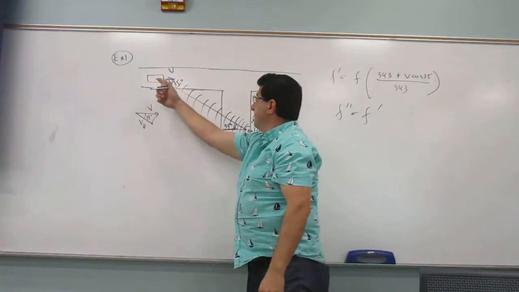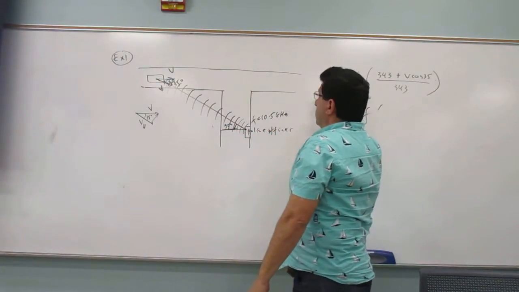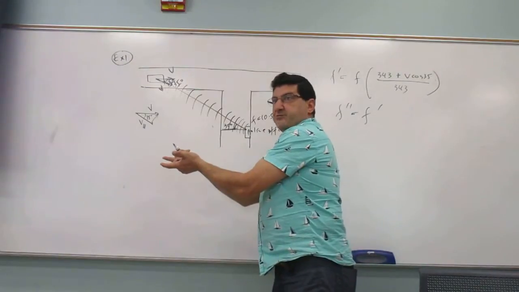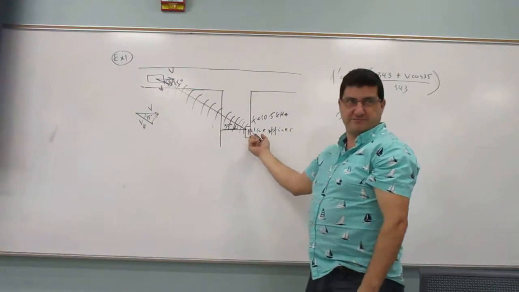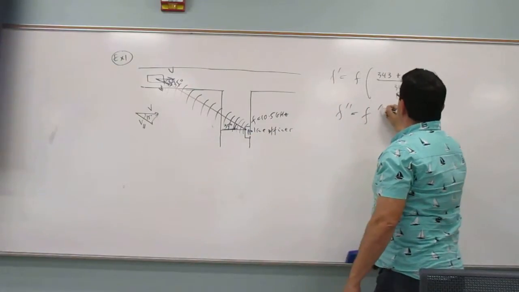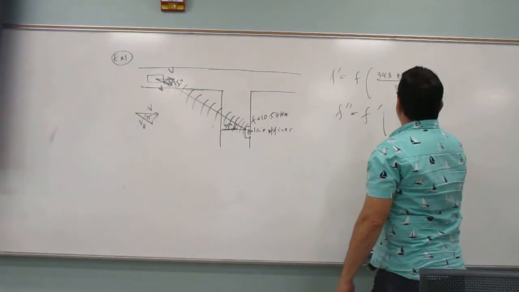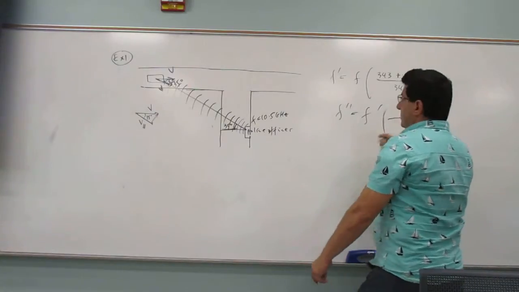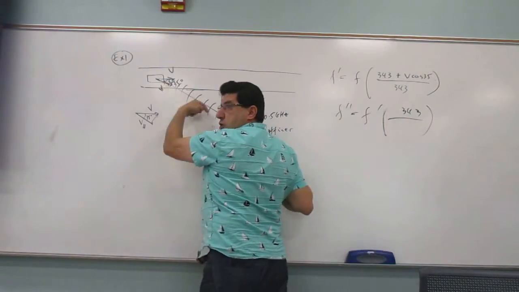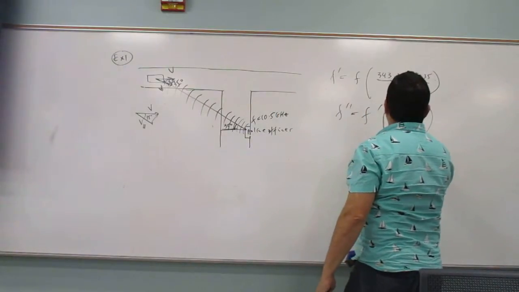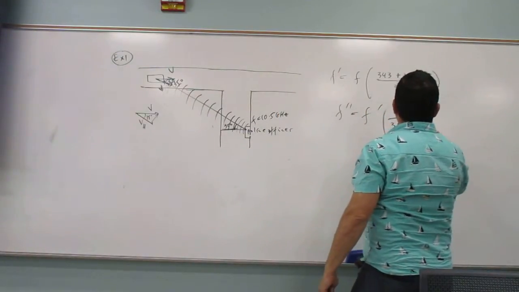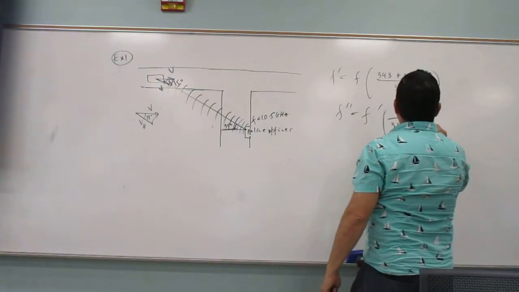He observes it at that frequency F prime, then he emits it at that frequency F prime, but then this guy observes it with a frequency of F double prime, right? So then F prime times 343, so now he perceives the source as coming towards him, right? So then it's going to be 343 minus V cos 35.